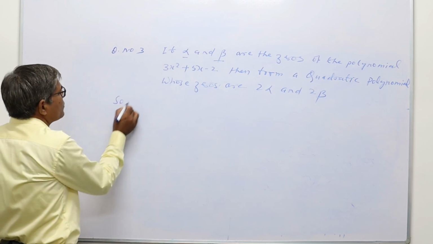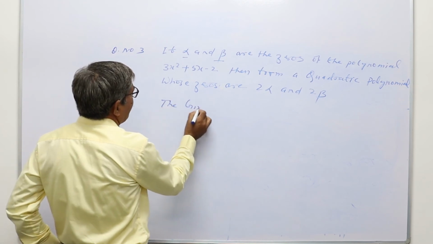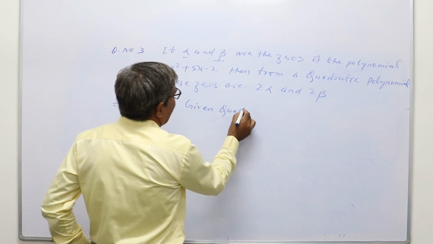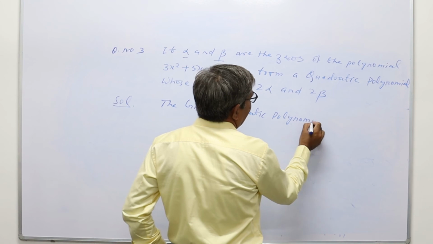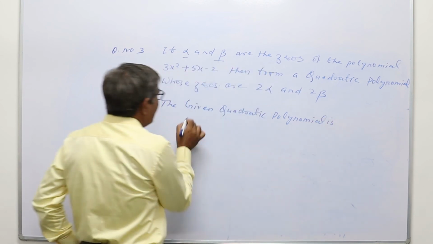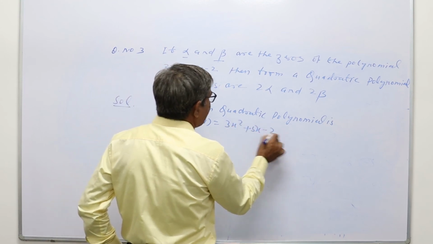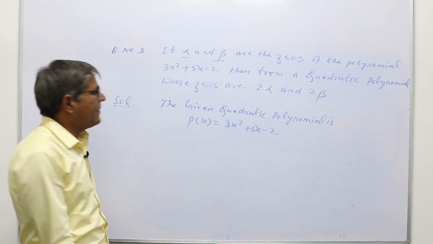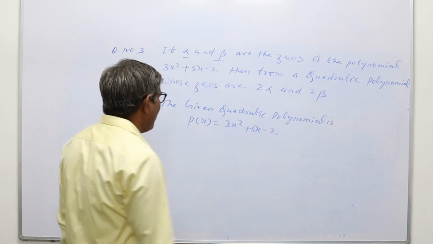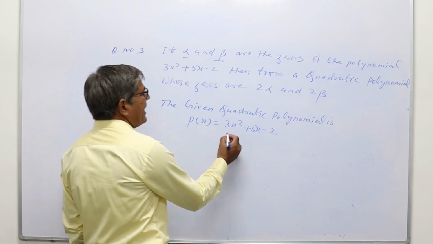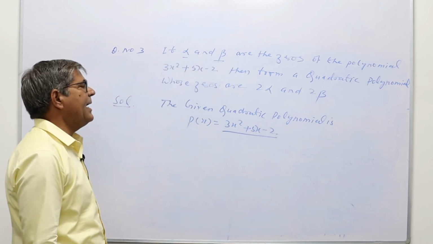So how will we solve? First of all, the given quadratic polynomial is P(x) equals 3x square plus 5x minus 2. First of all, to find the zeros of this quadratic polynomial, we will resolve it into its prime factors.